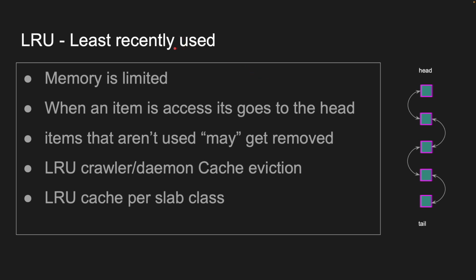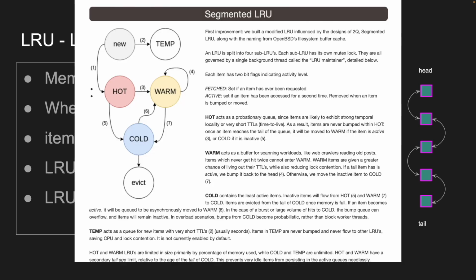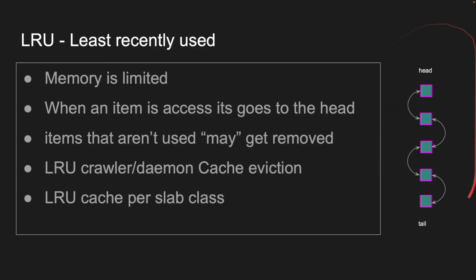LRU, in my personal opinion, again, this is just my personal opinion, you can agree or disagree. I think this should have been disabled, because now they created a new LRU which has hot and warm and cold and they move stuff around because they have a lot of problems with LRU. Moving stuff around all the time is so expensive, so it has a cost.